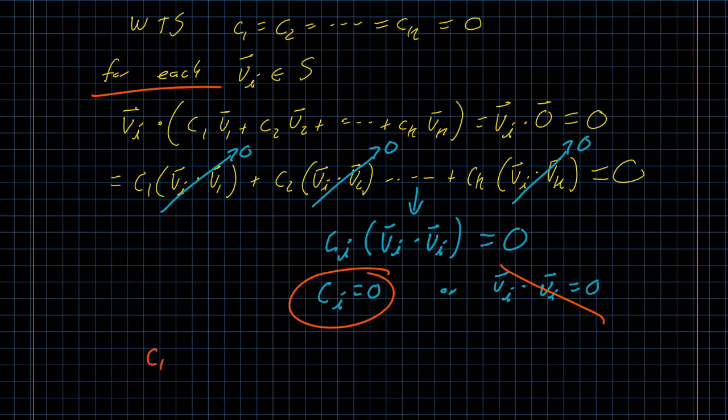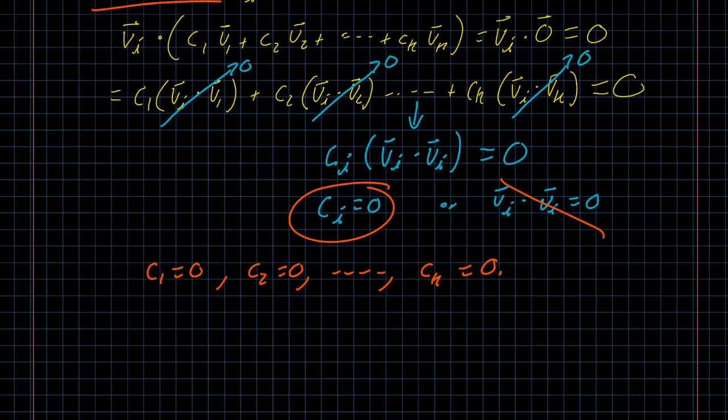So that means that C1 is equal to 0, C2 is equal to 0, all the way down to Ck is equal to 0. And all of these equal to 0 is exactly what it takes to say that these are linearly independent. The only possibility is that all the constants are 0. Which is exactly what I said I was going to prove.